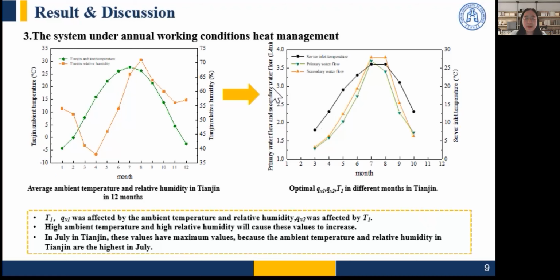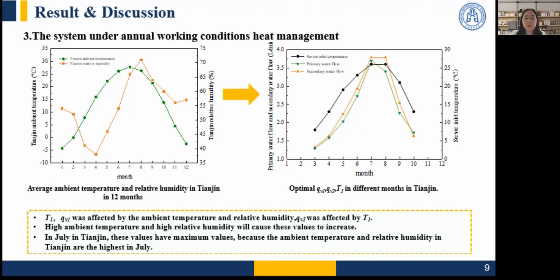Finally, we studied the system under annual working conditions heat management. When the ambient temperature was too low, it caused problems such as humidification in the data center.